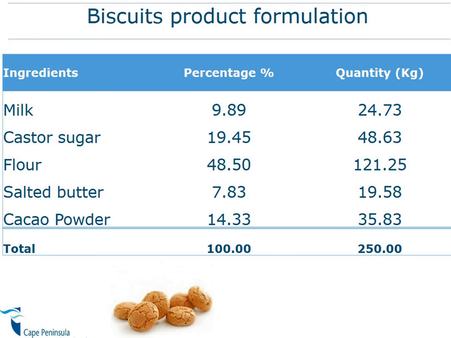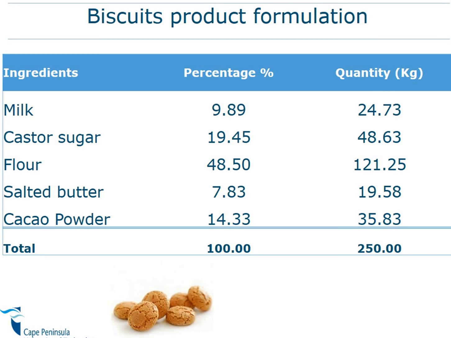So I need 24.7 kilograms of milk, caster sugar 48, and flour 121. All these will sum up to a batch size of 250 kilograms. So now that I have the formulation sorted out, I am ready to go to the lab. There is a further step that I need.